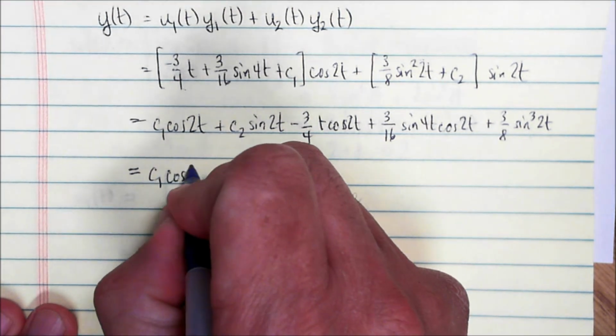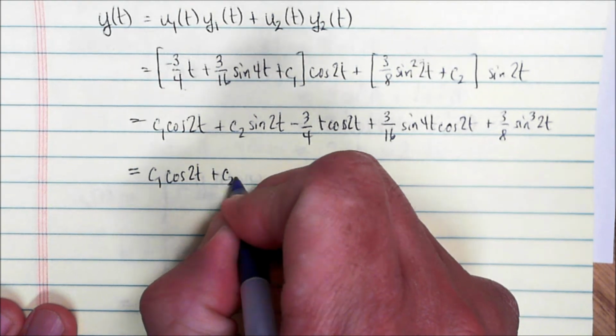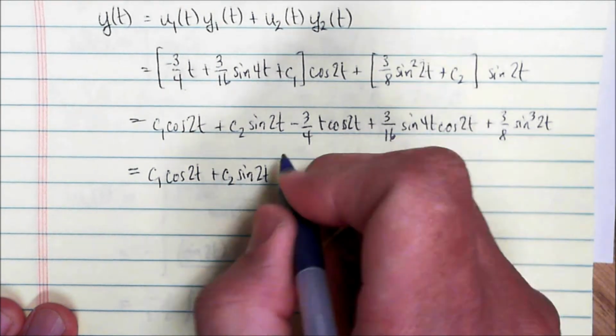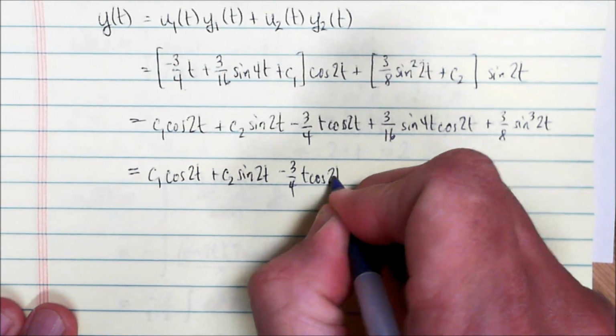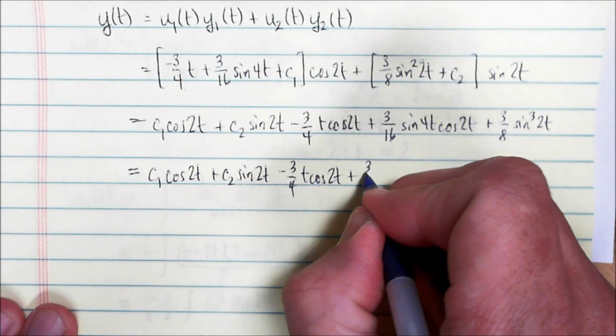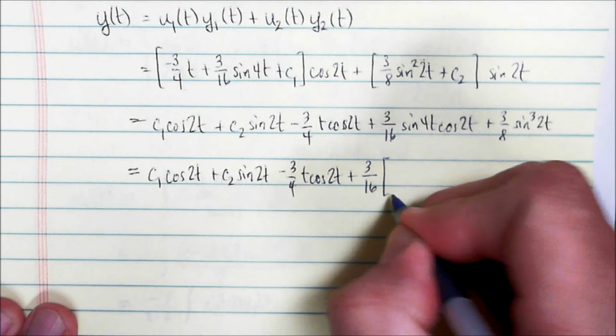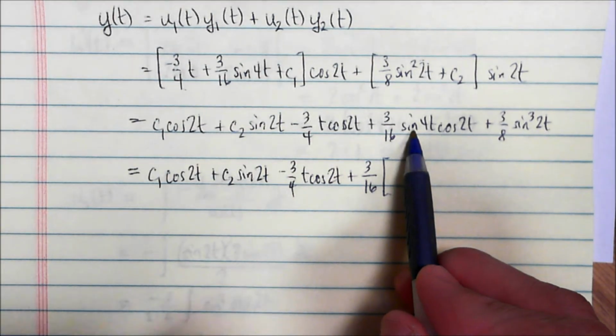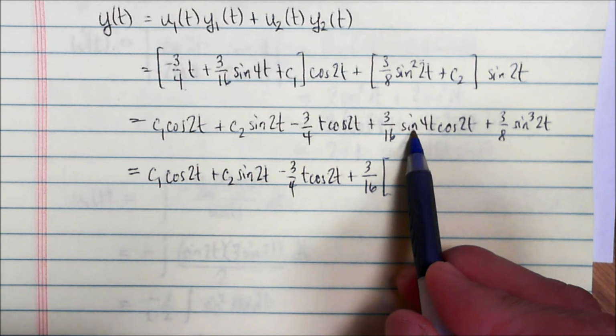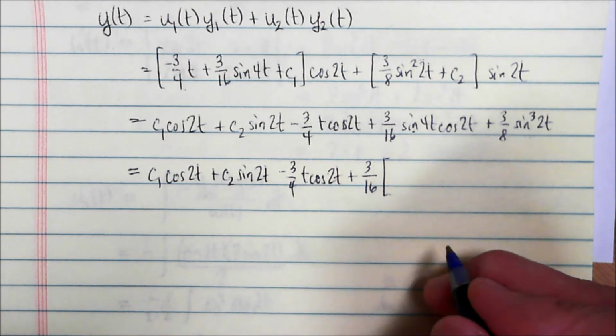C1 cosine 2t plus C2 times the sine of 2t minus 3/4 t cosine 2t. All right, let me factor out 3/16. Sine of 4t, I'm going to apply a double angle trigonometric identity to. So sine of 2 theta is equal to 2 sine theta cosine theta.